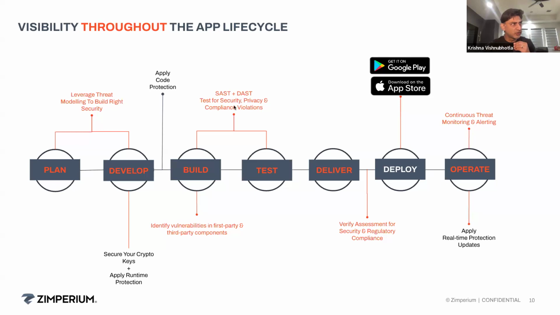So a holistic view on security visibility is something that has really helped even our customers make good informed security decisions and trade-offs. Because like I said, security is not free. You will not be able to protect everything. So this helps you choose your protections aligned with the threats that your app is seeing, which is really important.